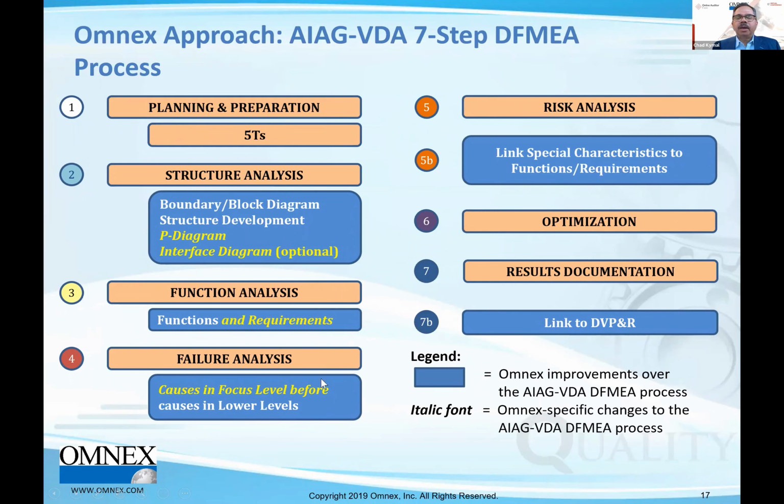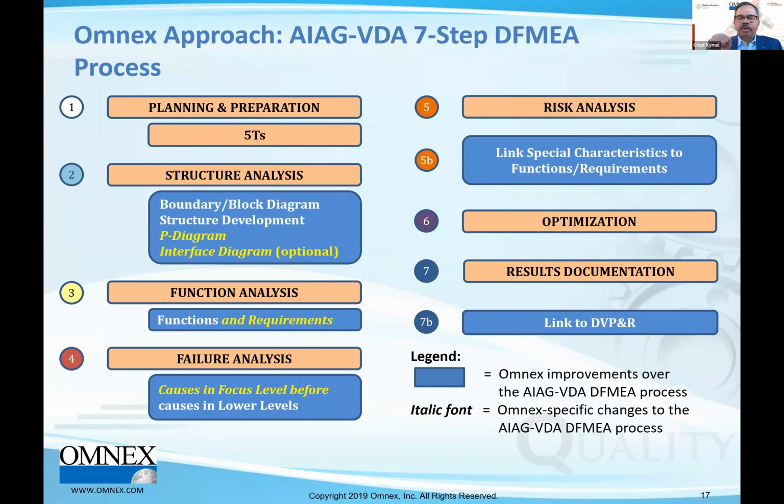Then what's important? IATF 16949 requires us to link the DFMEA to the PFMEA. Exactly what clause, I don't know, 8.5, if you go and look at it, as requirements for linkage between DFMEA and PFMEA. So how is the question by the auditor, how do you link your DFMEA to the PFMEA?